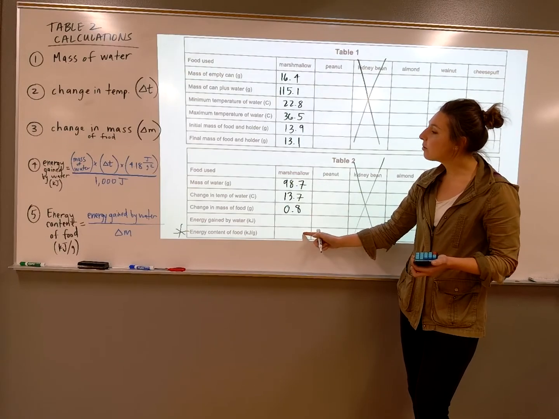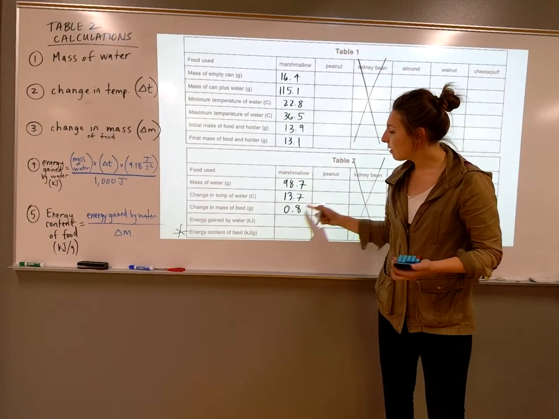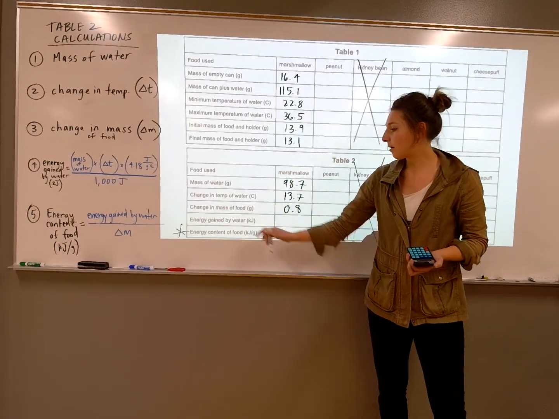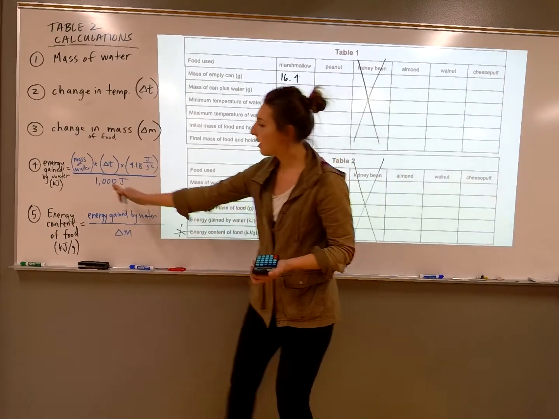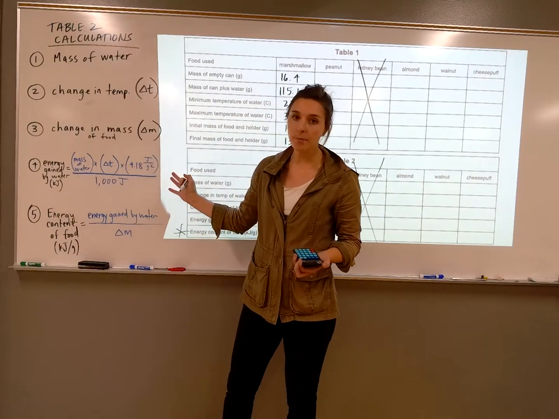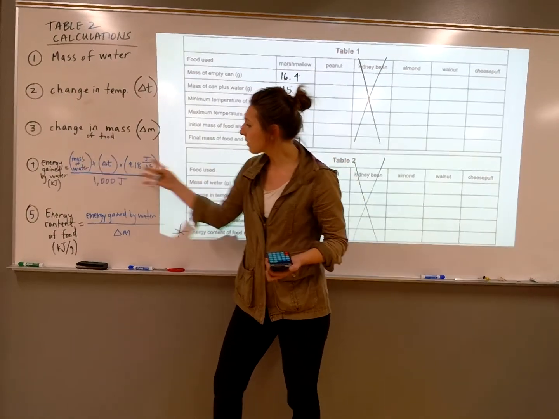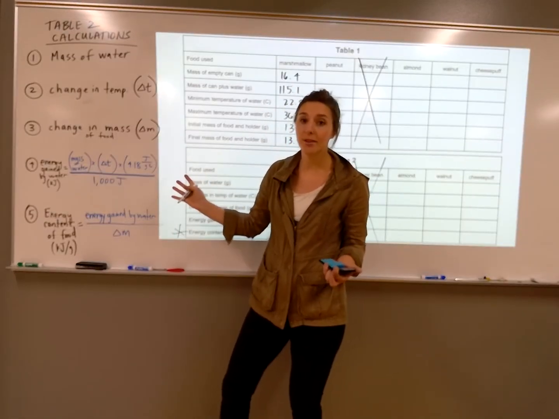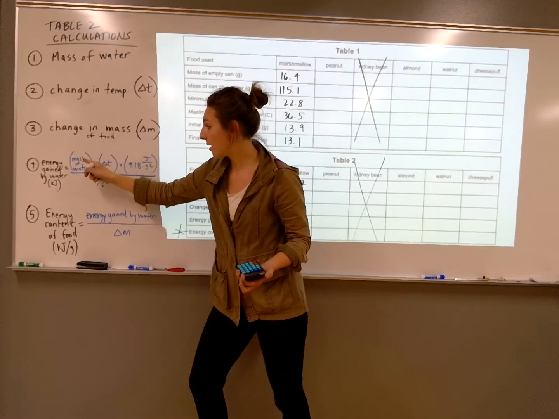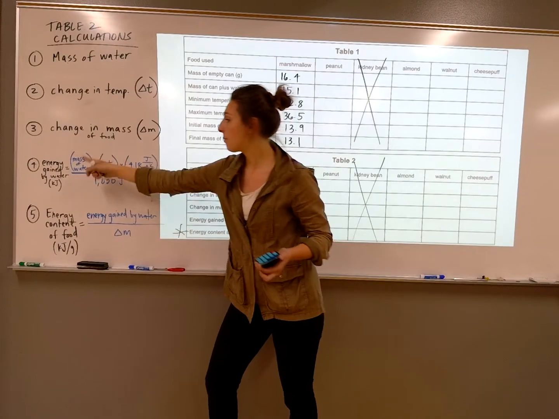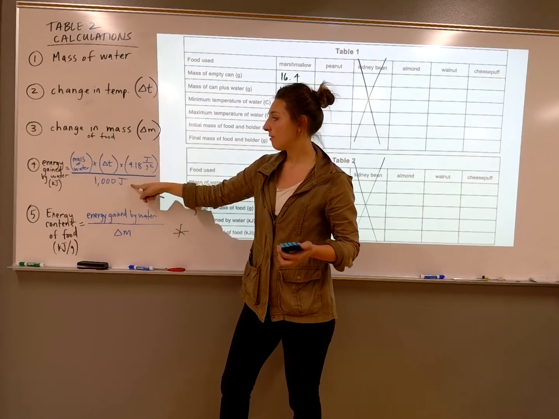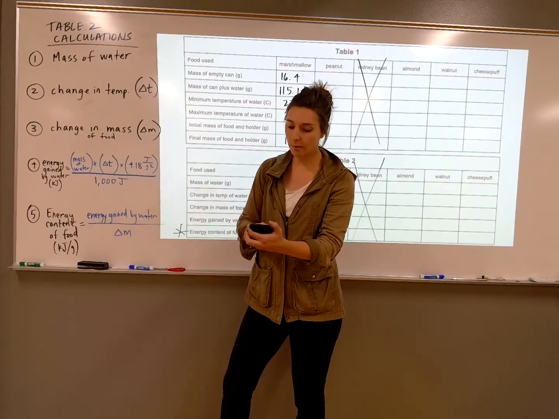Now for the last 2, we're going to be plugging in these values into an equation to figure out the energy gained by the water. So to calculate energy gained by the water, you may want to write this down. This looks kind of complicated, but it's really not. We're multiplying 3 numbers and dividing by 1,000. Okay, that's it. 3 numbers we're multiplying together and then divided by 1,000. So what 3 numbers are we going to multiply?